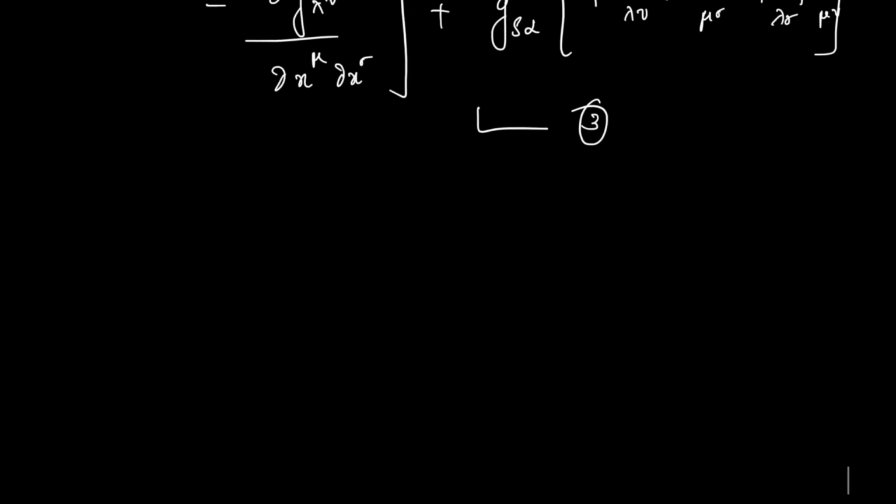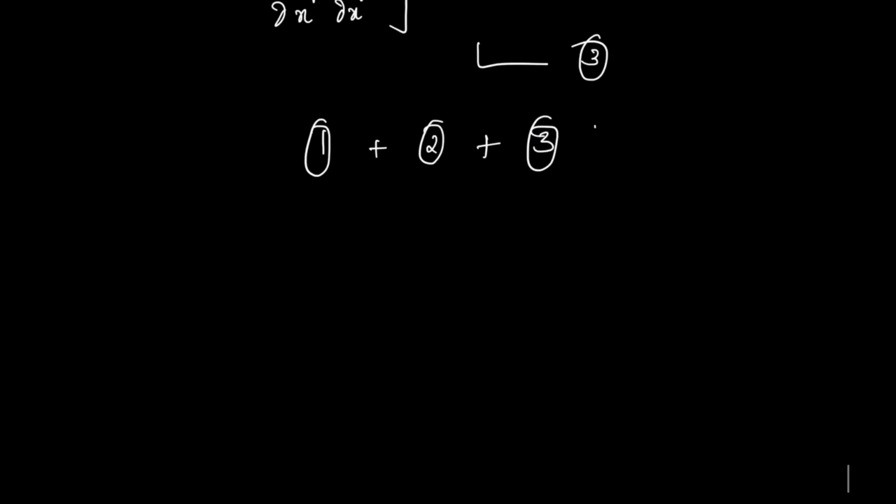Then I am going to add equations 1 plus 2 plus 3. So I'll get R mu nu lambda sigma plus R mu sigma nu lambda plus R mu lambda sigma nu is equal to 0.